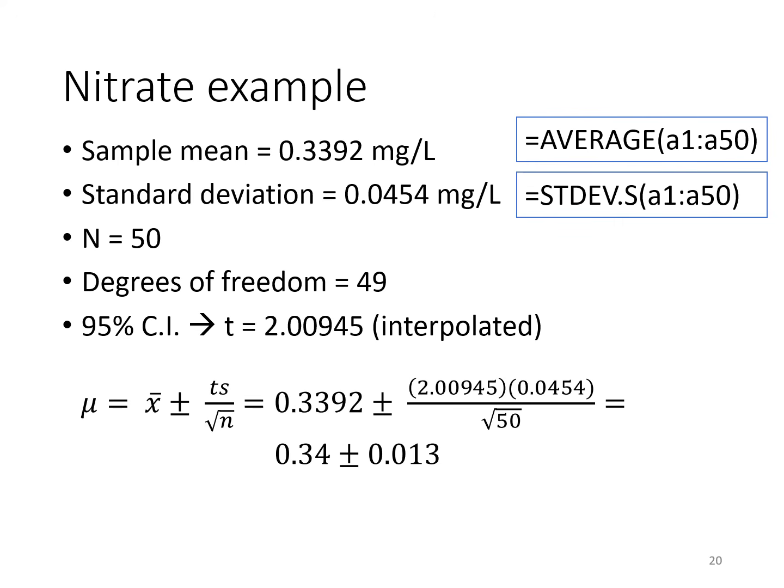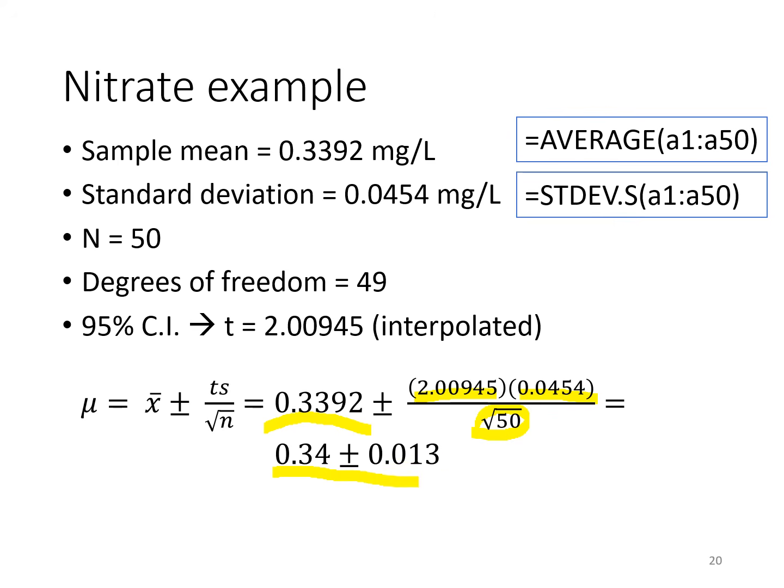Using the equation that was previously given, the mean is 0.3392, so we have that value here. We have the t-value here. We're going to multiply that by the standard deviation, and we will divide that by the square root of the number of observations.